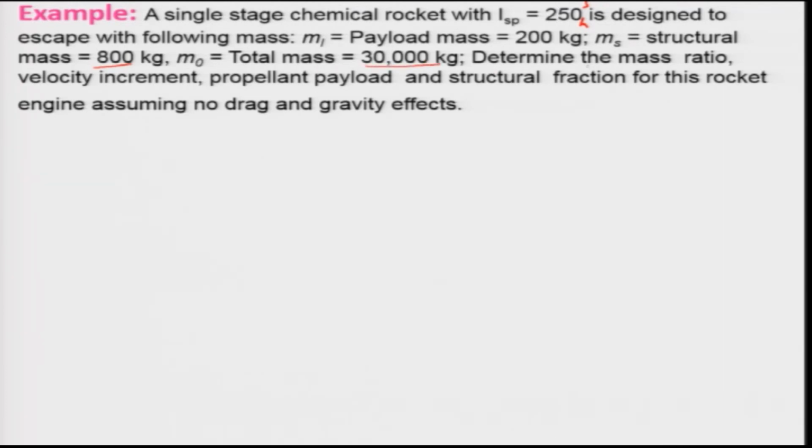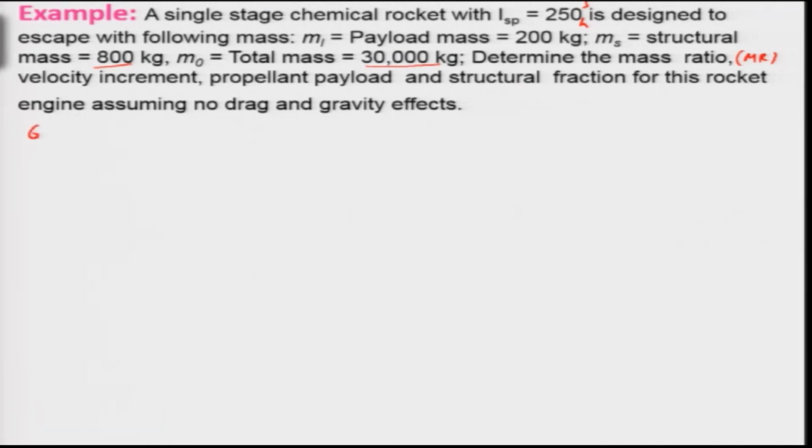We will determine the mass ratio, that is MR, and velocity increment delta V, and the propellant fraction, payload fraction and structural fraction for this rocket engine, assuming no drag and gravity effects, but in a real situation we will have to consider the drag and gravity effects.